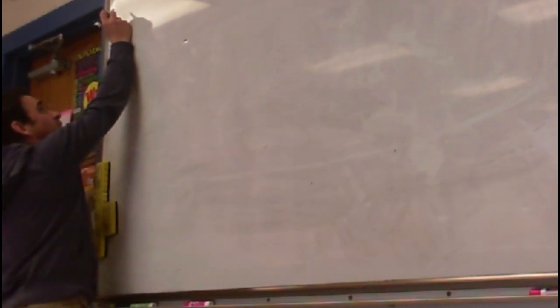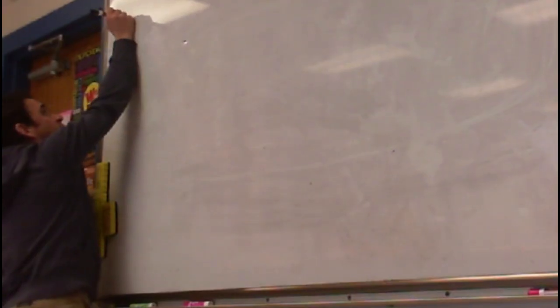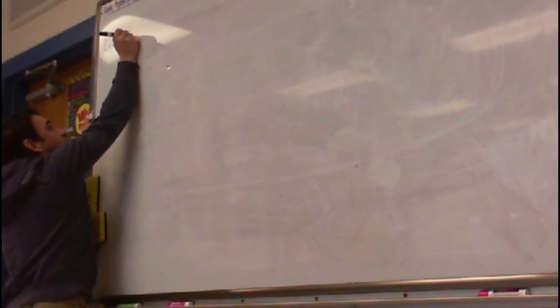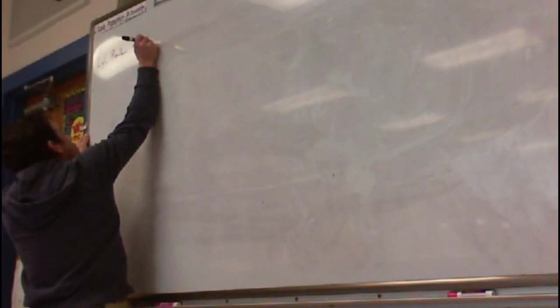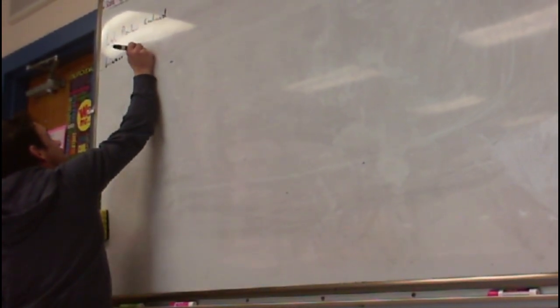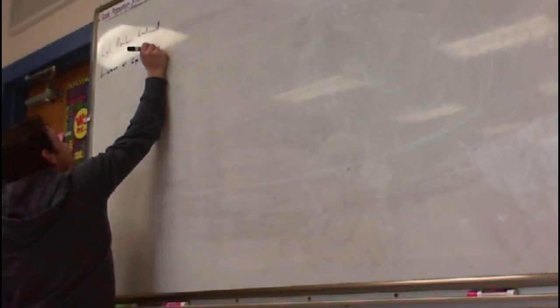So on the left side, we're going to focus on the light reactions continued, kind of. And we're going to look at linear versus cyclic electron flow.